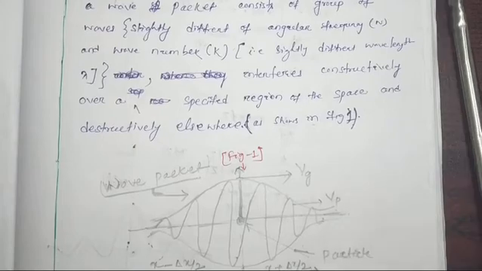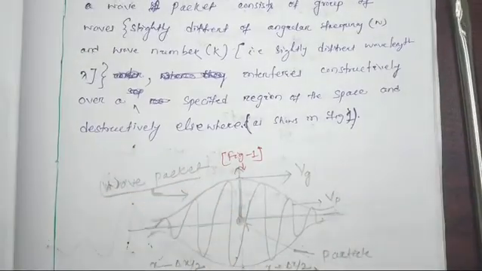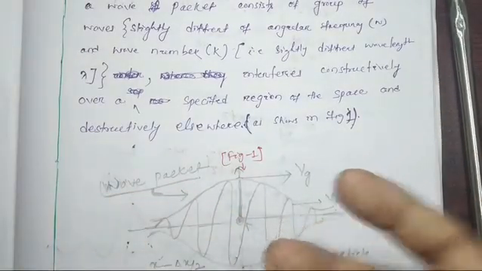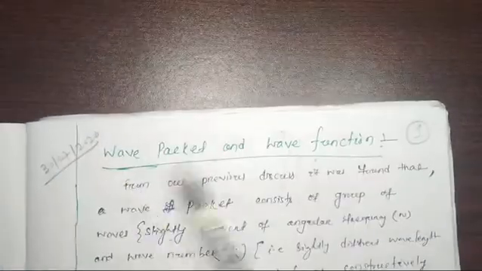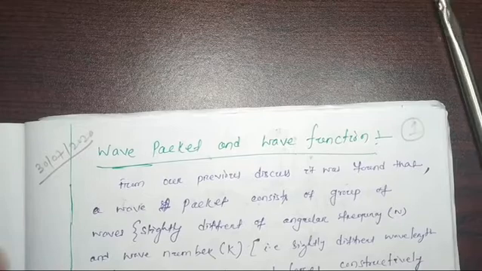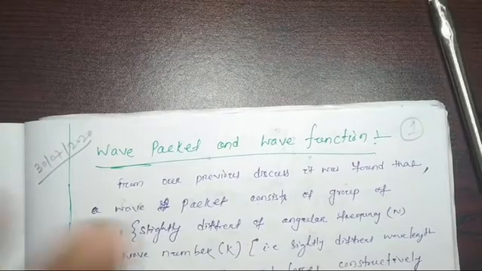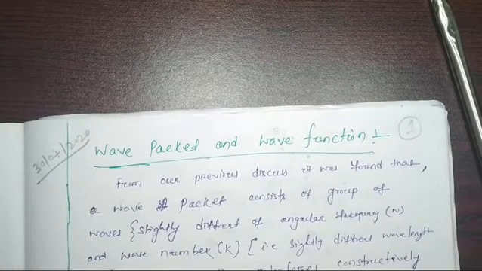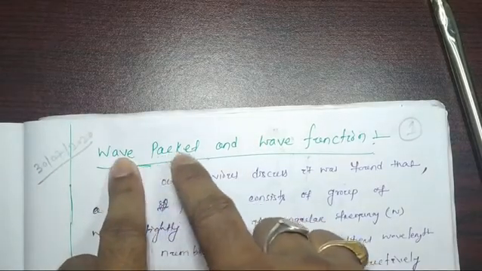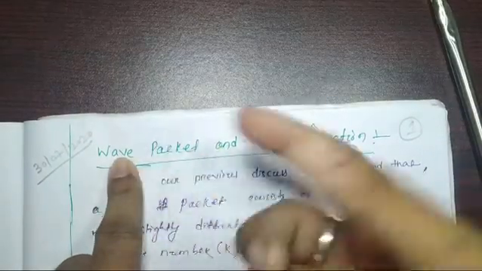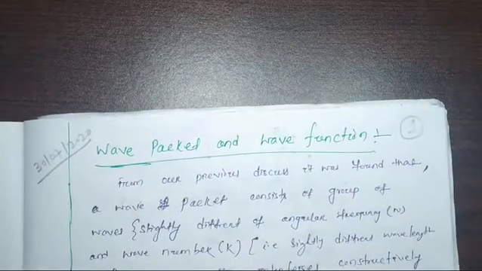Wave packet is the physical picture. Wave function is a mathematical representation of the wave packet or the so-called particle. So the wave packet and the wave function are correlated with each other, or we can say they are the same thing. The wave packet is the representation of the particle, and to represent the particle and its dynamics we need the wave function of that particle.